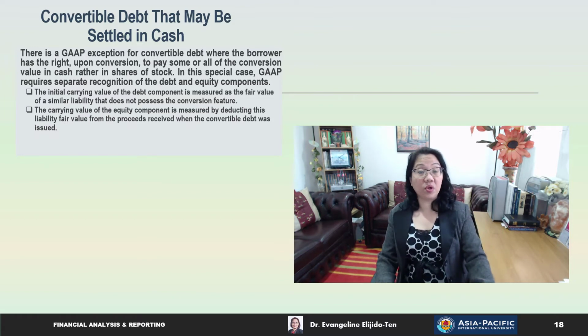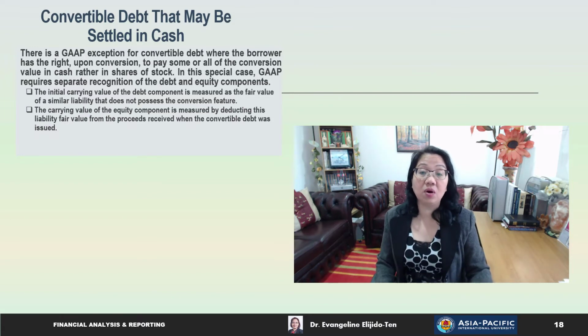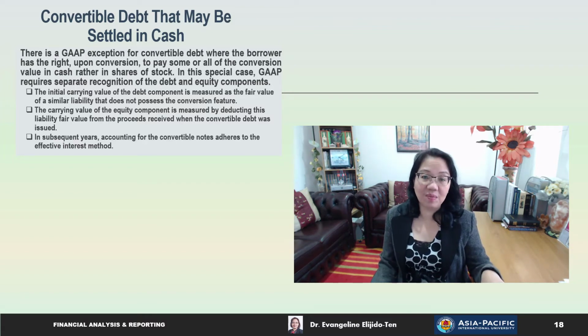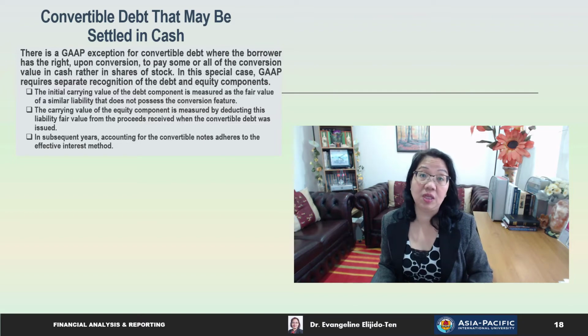Another thing to remember here is that the carrying value of the equity component is measured by deducting this liability fair value from the proceeds received when the convertible debt was issued. And in subsequent years, accounting for the convertible notes adheres to the effective interest method.